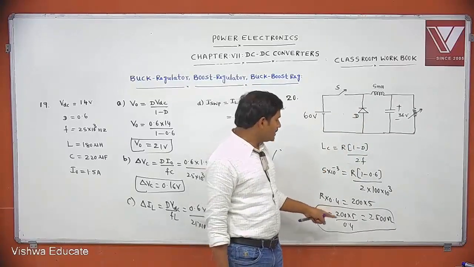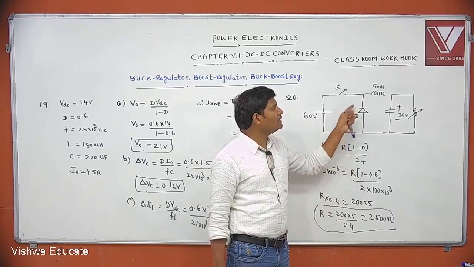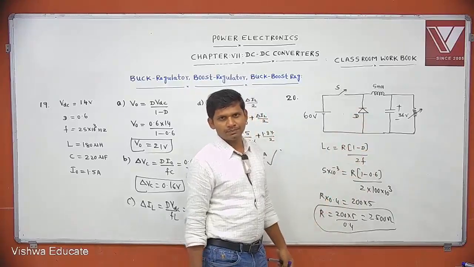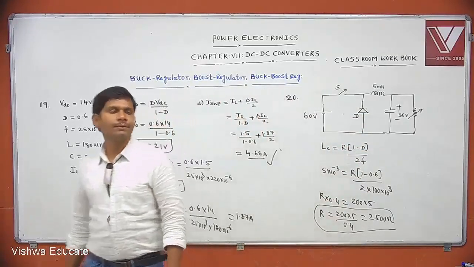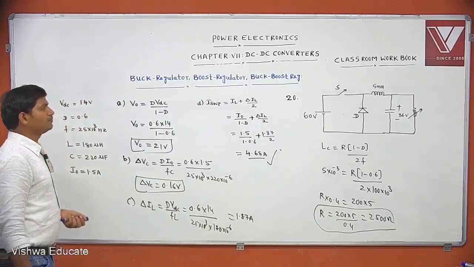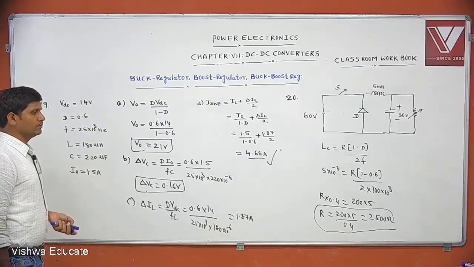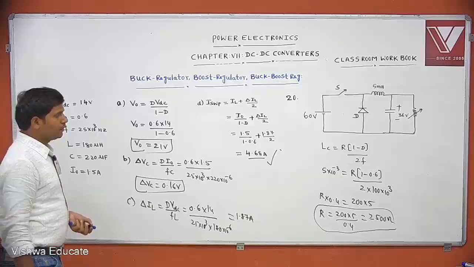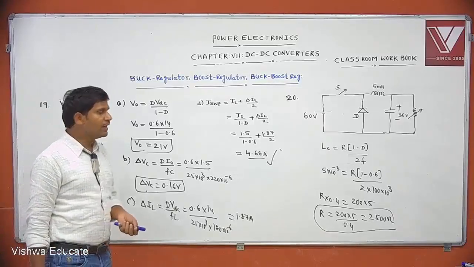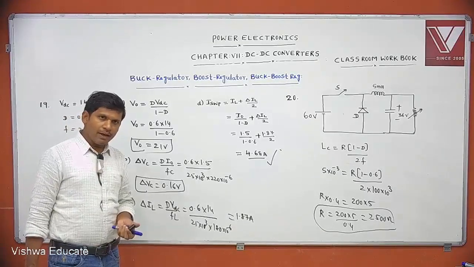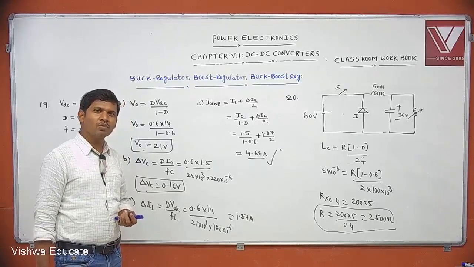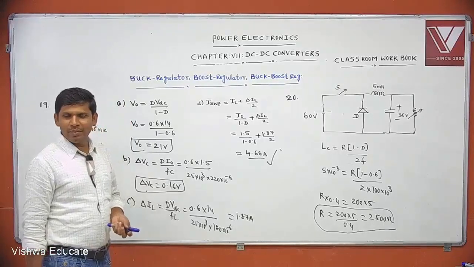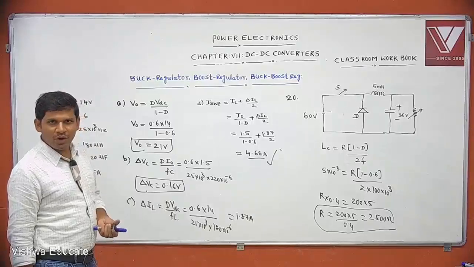This resistance is required to make it just continuous. Concentrate. I already gave the formulas for critical inductance in buck regulator, boost regulator and buck-boost regulator. Try based on those critical inductance formulas also.